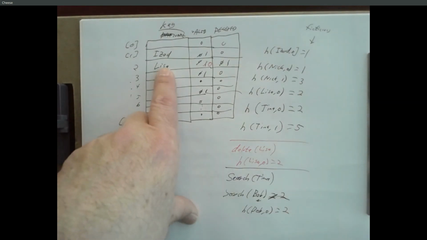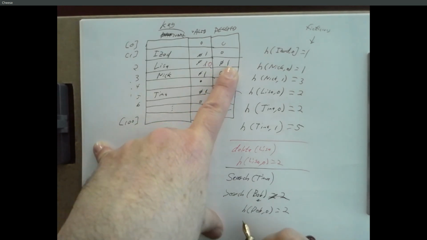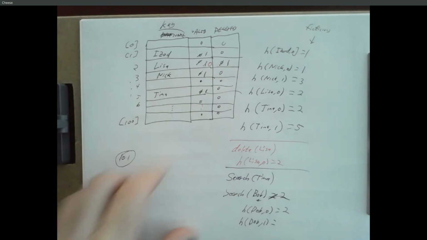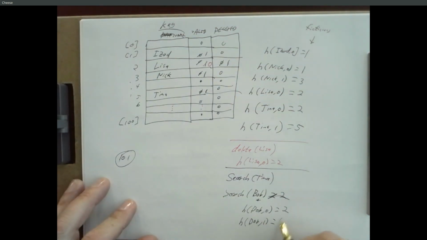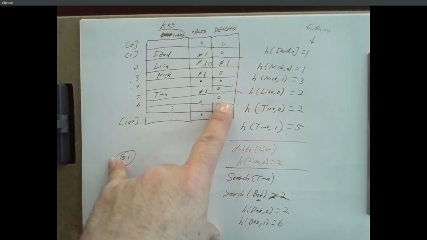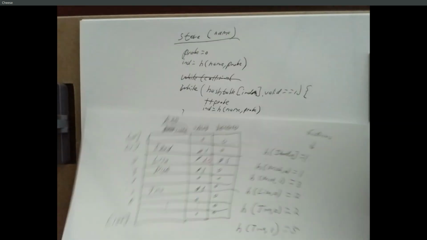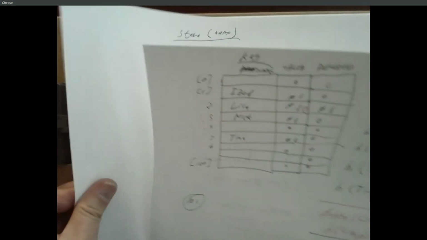So we come into location 2, it's not valid, but it was deleted, so there might have been a collision, so we'll reprobe with a probe of 1, and let's say that gives us a 6. Come down to location 6, it's not valid, but it wasn't deleted, we're done, we can say Bob's not in the table. So what does our search look like?